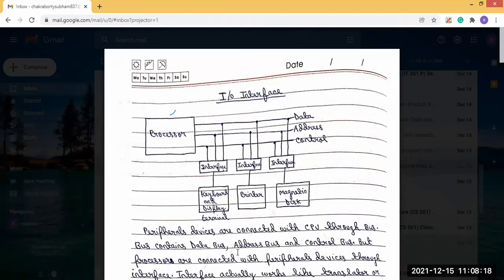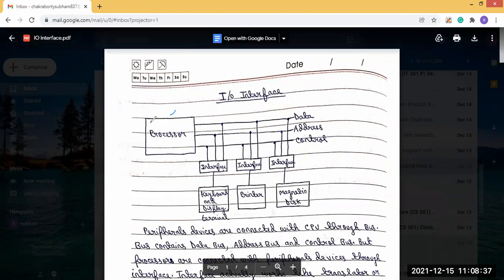The first topic of the computer organization part which we left is the IO interface, the input output interface concept. Now through the diagram you will see what the input output interface is. There is a processor present, and we know that every system will have a processor.